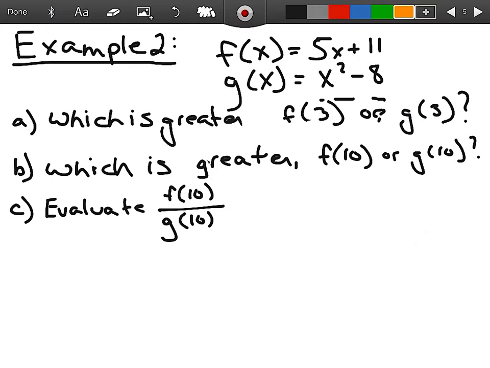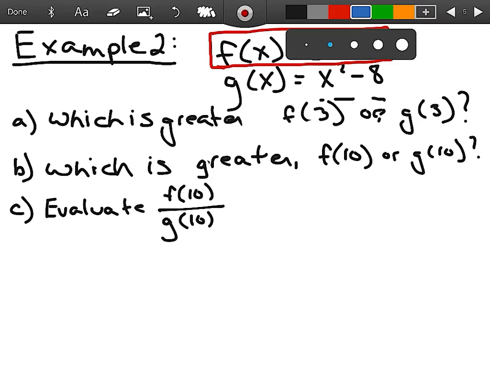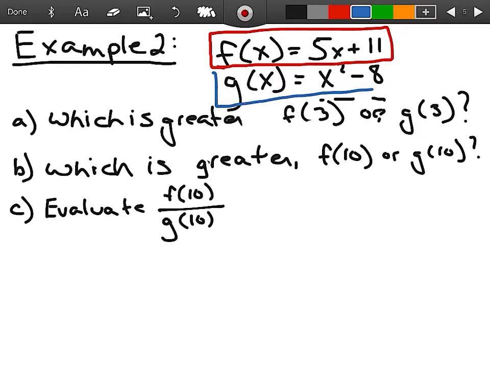Moving on to your second example, here we're going to combine two functions at the same time. So we're looking at the red function, which is f of x is equal to 5x plus 11, and then your blue function we're going to call g of x is equal to x squared minus 8.